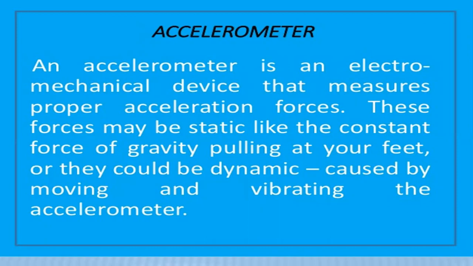That force is what is calculated, that is acceleration. So the force may be static or constant, like gravity pulling at your feet, or dynamic. Different types of forces pass through the objects, that is static forces or dynamic forces, caused by moving and vibrating the accelerometer.